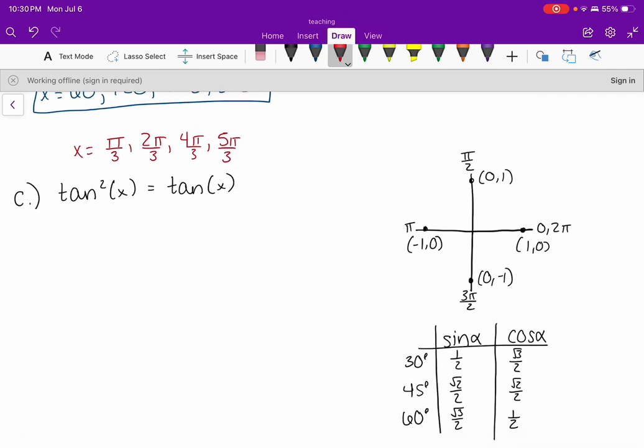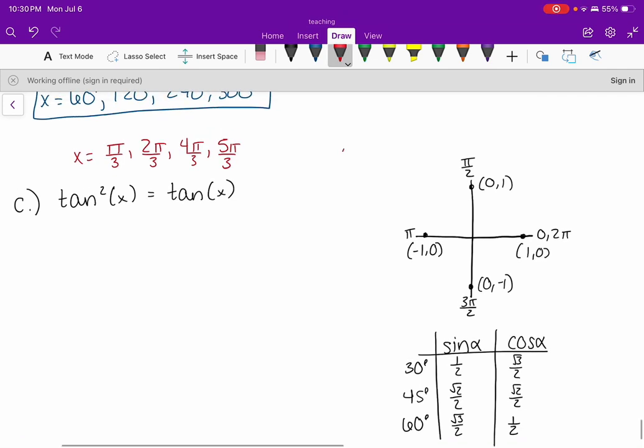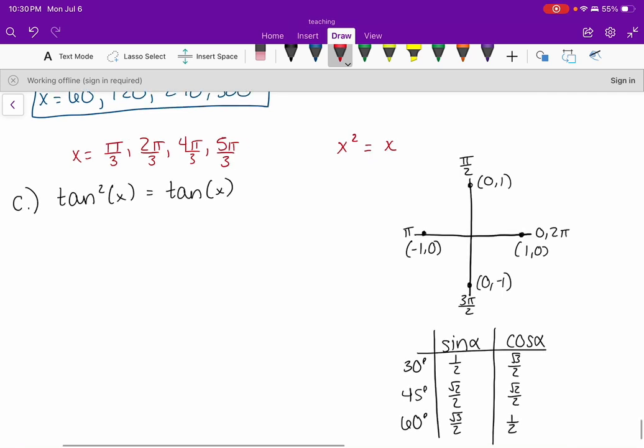So it's very similar to if you had something like x squared equals, let's say x. The thing is if you divide both sides by x, you get x equals 1. And it is true, 1 squared does equal 1. So that's true if you plug that in. The problem is there's another answer here that you're missing out on, and it's 0.